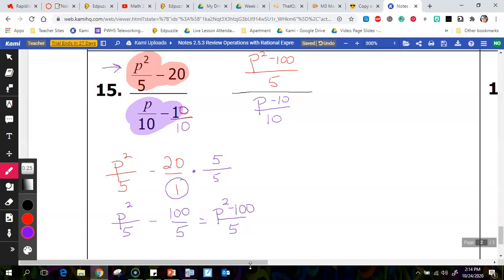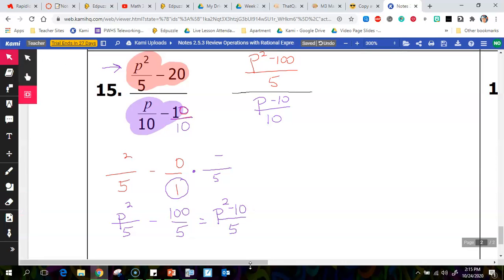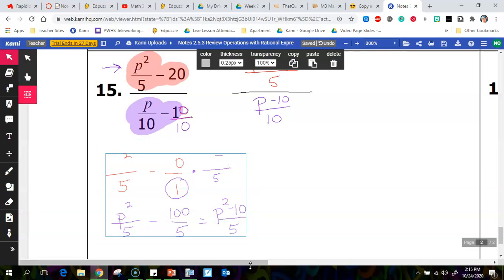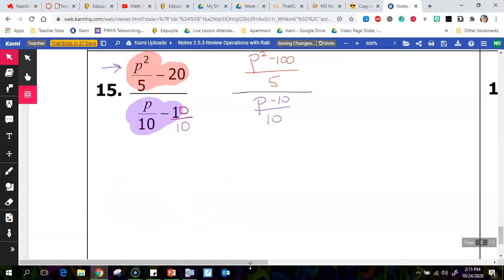All right, so now I have a complex fraction where I've just got a rational expression in the numerator and a rational expression in the denominator. So now I can work with this and rewrite it as a multiplication problem.